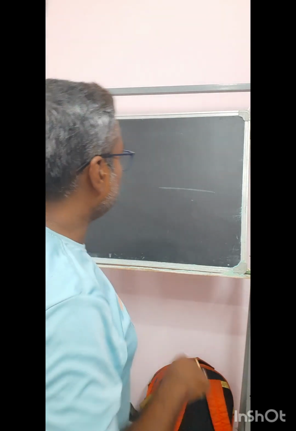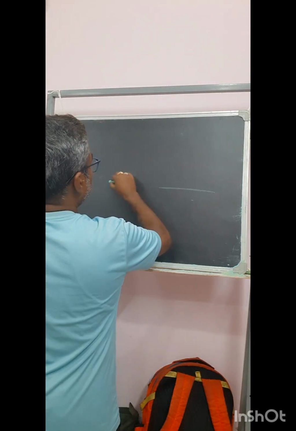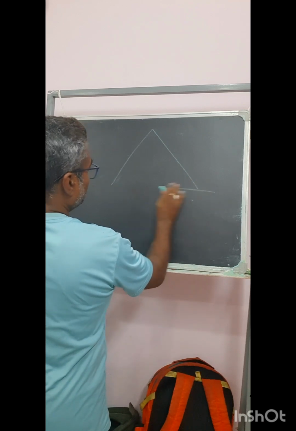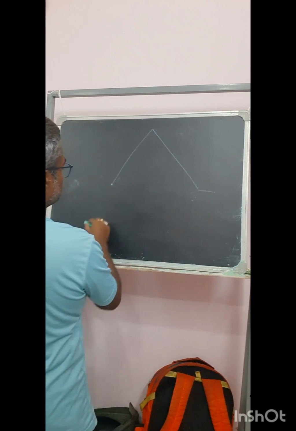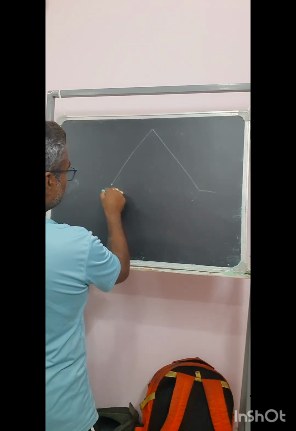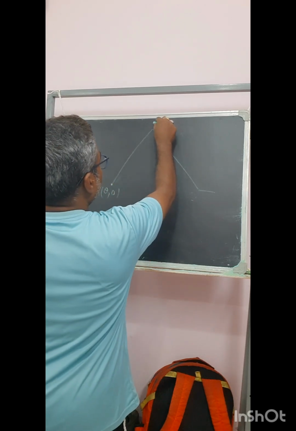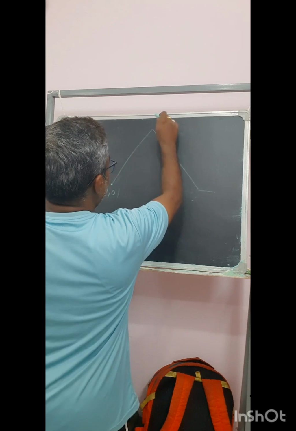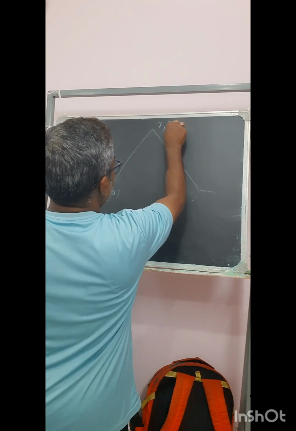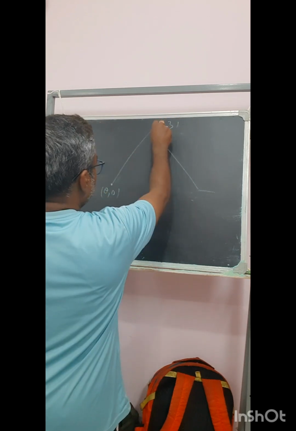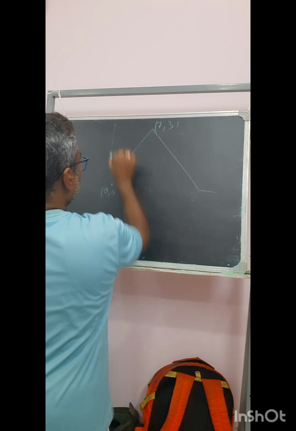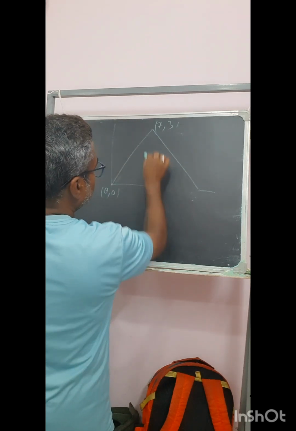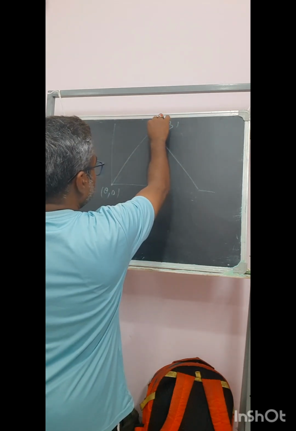Let's say somebody has moved from here to here, and this is the starting point where I can take 0, 0, and some distance here, let's say 7 kilometer. Then this coordinate becomes 7, 3. And when you move in some other direction, the vertical also moves, horizontal also moves. So this is the distance traversed due to that.